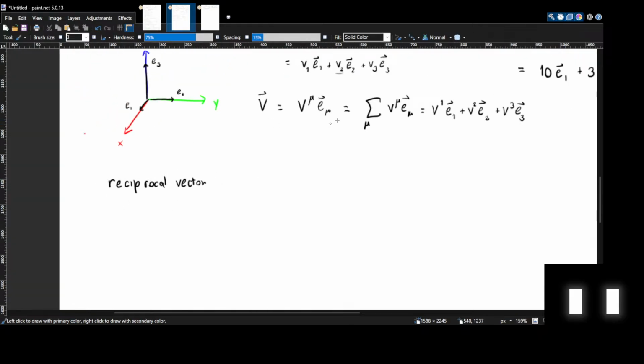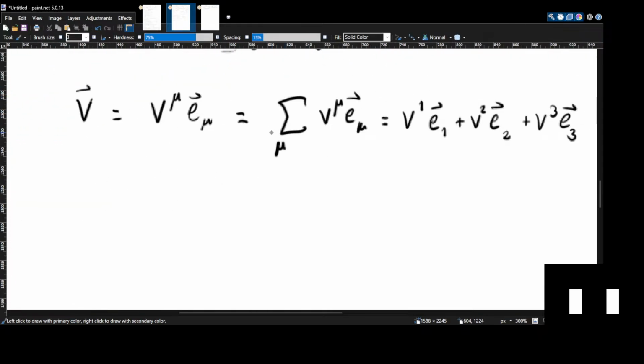Yeah, basically the reason they put indexes on top or down is because they have to separate contravariant and covariant components. Here E is the basis vector, a covariant thing, because the index being down implies it's a covariant vector, whereas the index being upstairs means it's a contravariant thing.